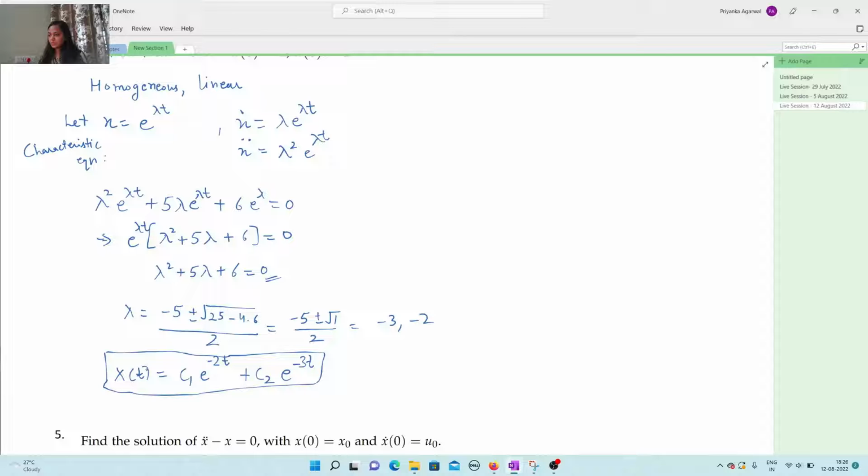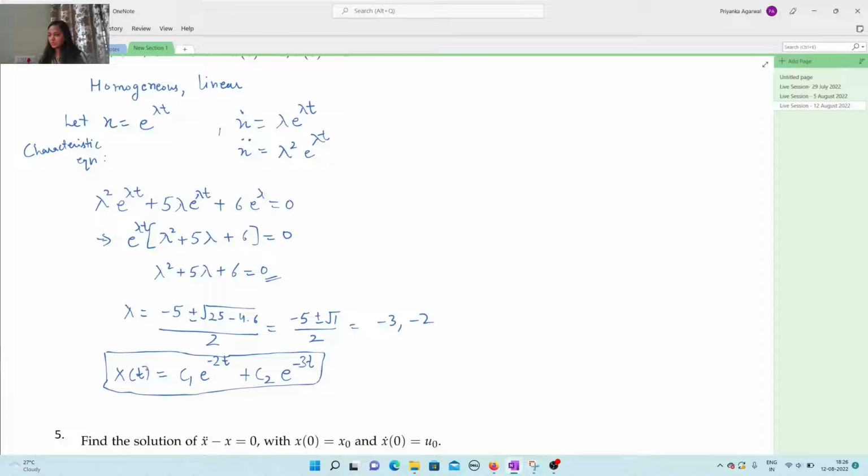Now we have to apply the initial condition, which is x of 0 is x naught. So this will mean x0 equals C1 plus C2. So this is our first equation, and the other initial condition is x prime 0 equals u0.